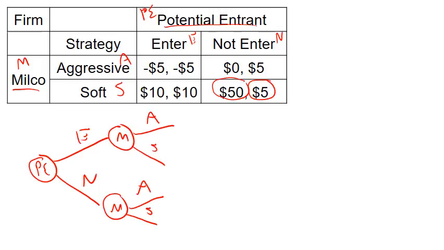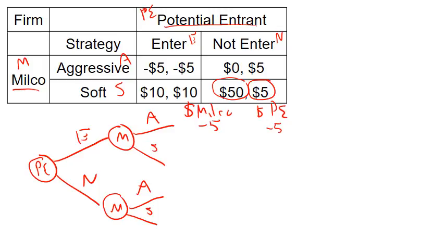At that point, we get the payoffs. This would be the payoff in dollars to Milko and dollars to potential entrant. If potential entrant enters and Milko goes aggressive, then Milko will get -5 and the potential entrant will get -5.